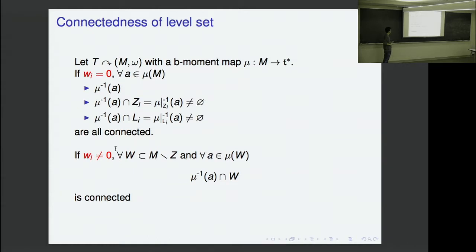And if the modular weights are not 0, then we take these open components outside of the singular locus, and then consider the level sets inside this open manifold, and this will also be connected. The proof is that we just consider the symplectic cuts of these open components, and then the connectedness of the symplectic cut is going to lead to the connectedness of such level sets.